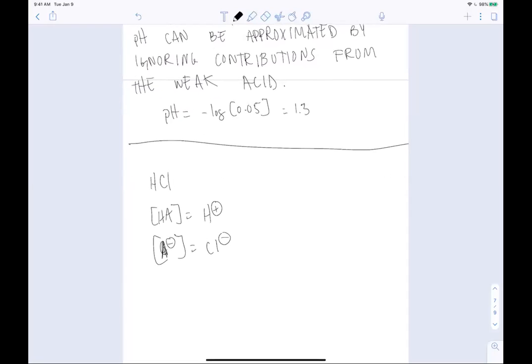And this just doesn't end up working. So what I'm trying to say, to put it succinctly, is that buffers can't be made from strong acids and bases.